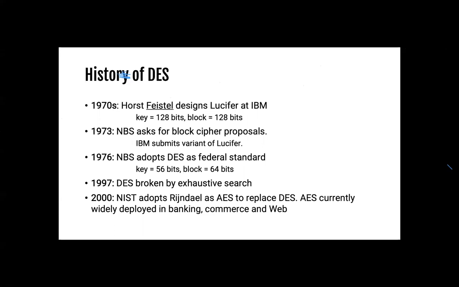Then NBS asked for block cipher proposals. That is the time that NBS was looking for a standard block cipher that is public, that people can use as a standard. IBM submitted a variant of Lucifer. Later on, it was selected, they changed it a little bit, and they changed the name. They called it DES, and it was used as a federal standard.